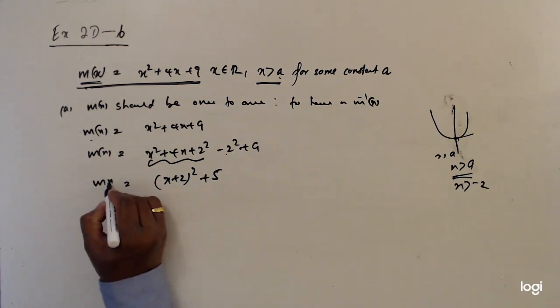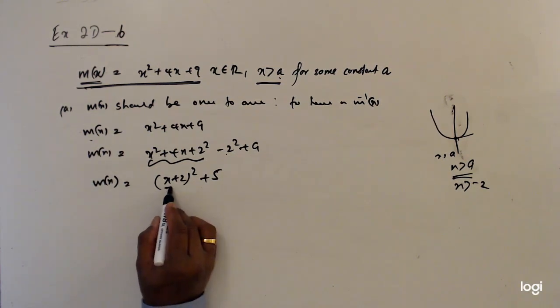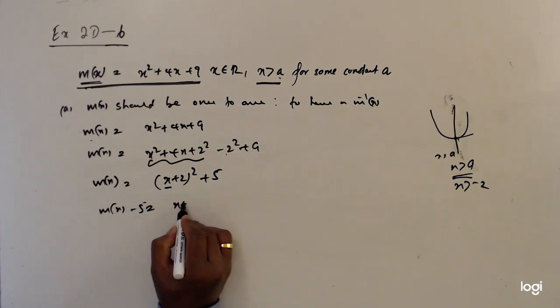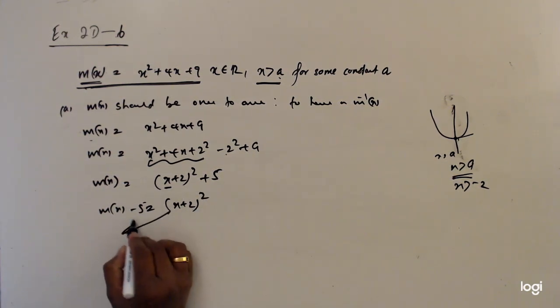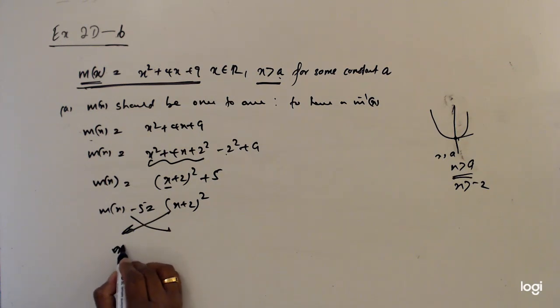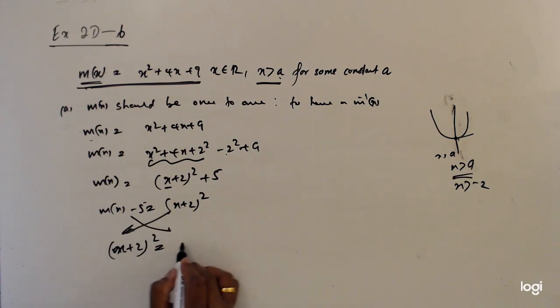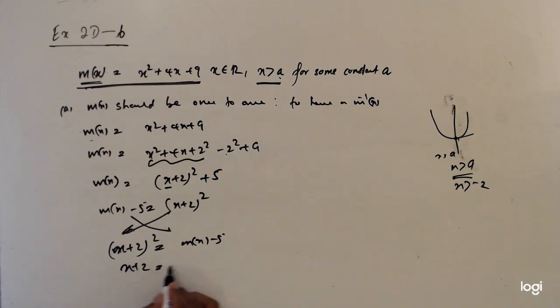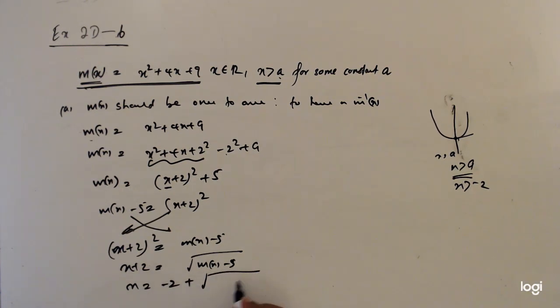Then I'm going to make x the subject. Mx minus 5 equals x plus 2 square, so x plus 2 equals square root of Mx minus 5. So x equals minus 2 plus square root of Mx minus 5.